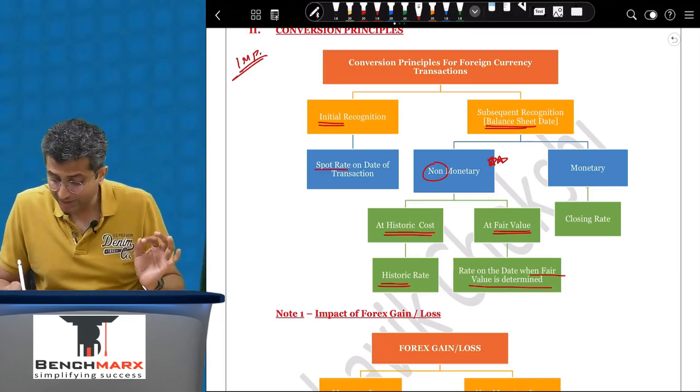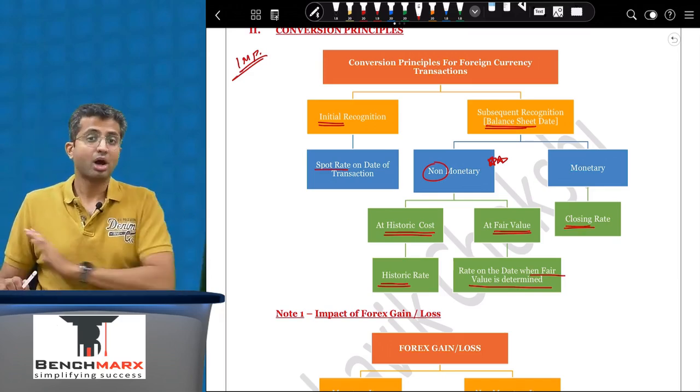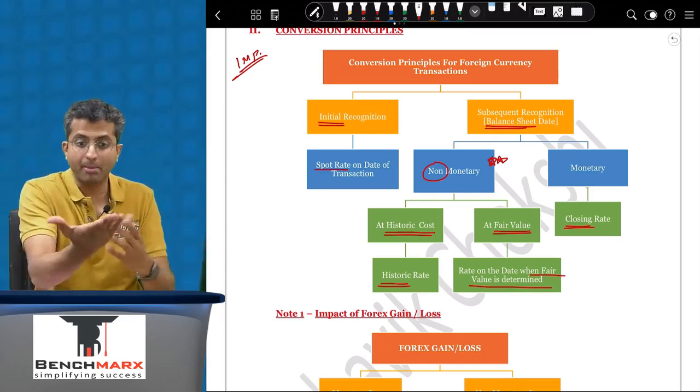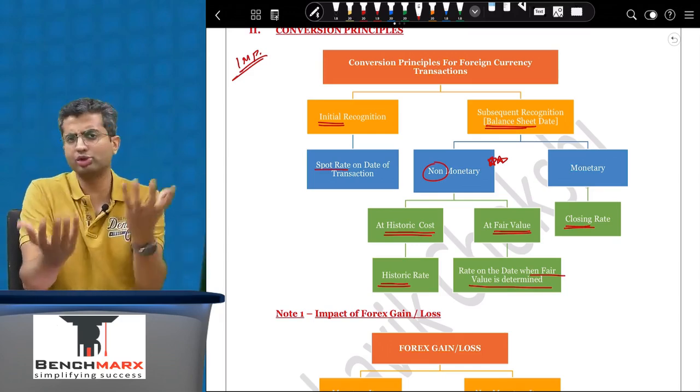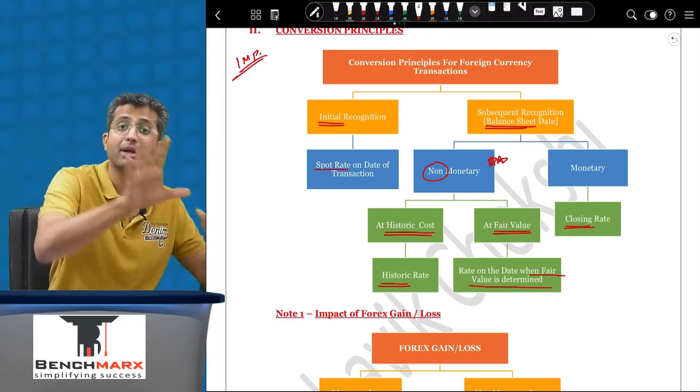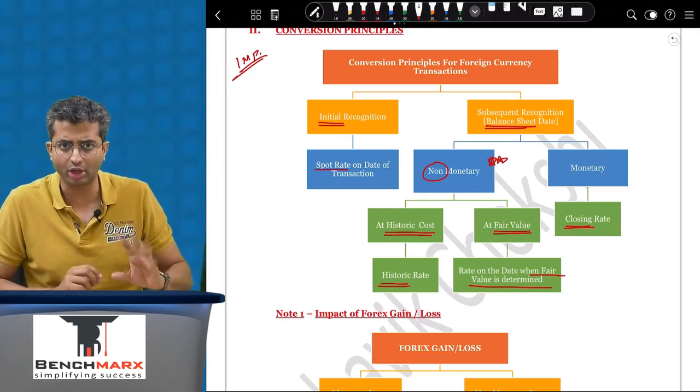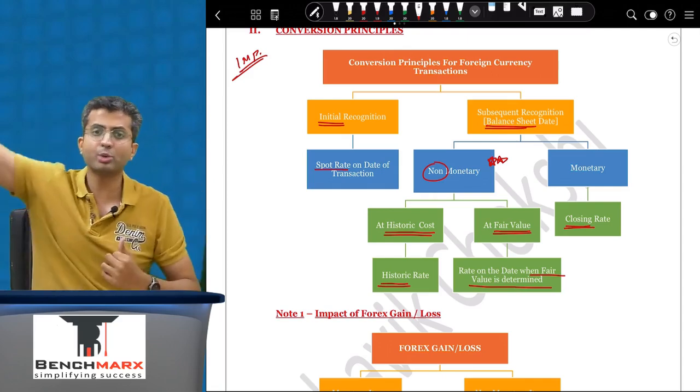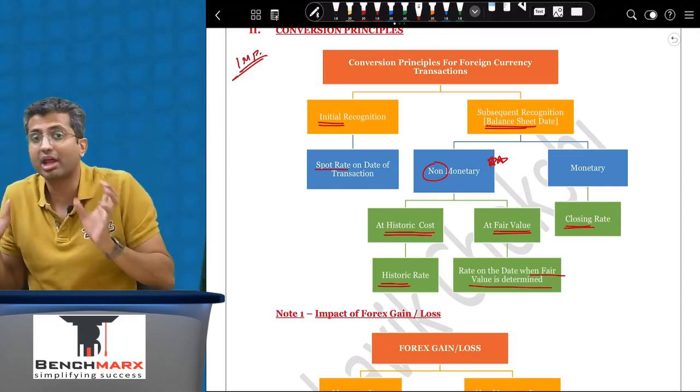Monetary items have to be at the closing rate. Always. Logic, the amount is determinable, so you should be in a position to calculate gain or loss. Accounts has this principle that if you cannot determine something reliably, don't determine it at all. So something like self-generated goodwill is never recorded in the books because you can't reliably determine it.